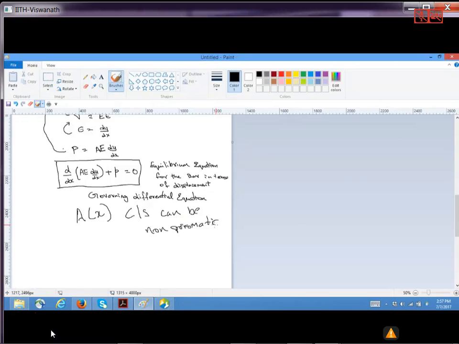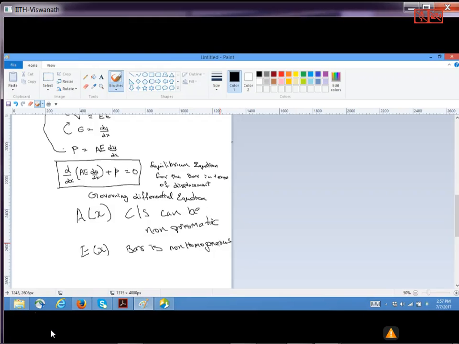And E is also a function of x, which means your bar is non-homogeneous. That means the equation we derived was more generic in nature.